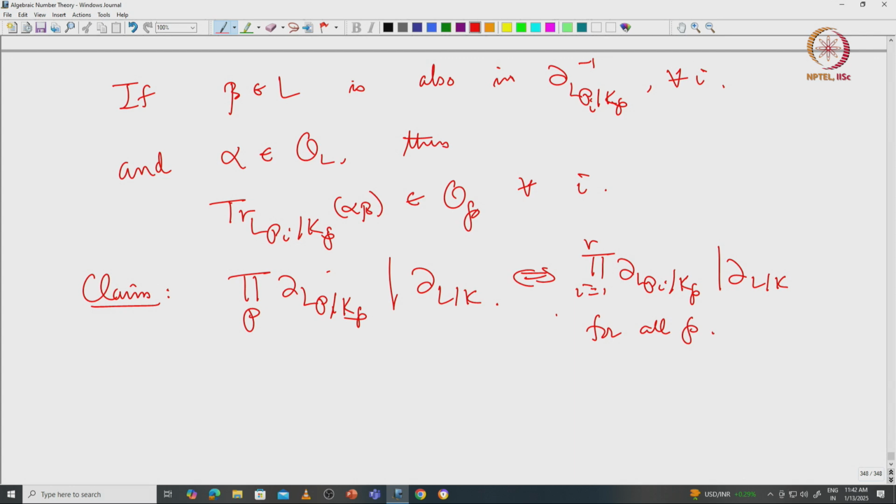This is the same as saying that if the ideal A divides the ideal B, this means that D_{L/K} inverse is contained in the product of D_{L_Pi over K_p} inverse.